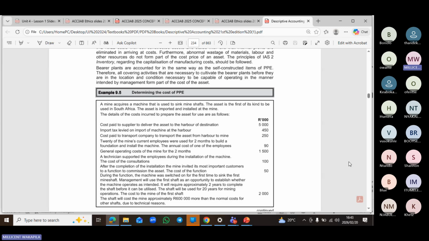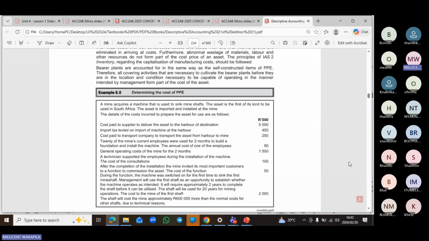And then we have also the general operating cost of the mine for the 2 months. This one can be expensed because it's not a direct cost incurred to prepare the asset. And then the technical support, the technician supported the employees during the installation of the machine. So it means it's actually a direct cost.